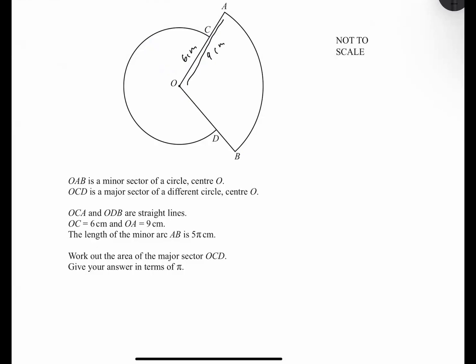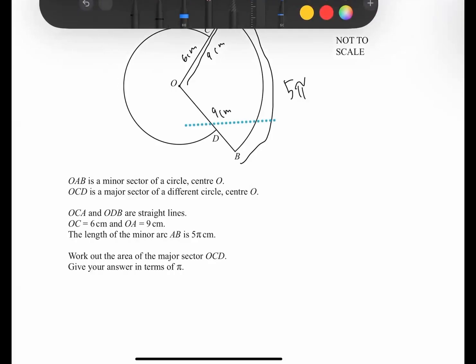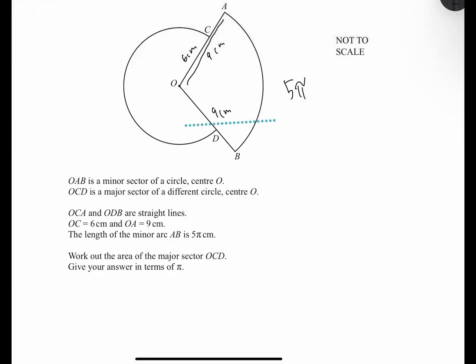Since OA is 9 cm, OB would also be 9 cm. And the length of the minor arc is equal to 5 pi. We need to find the area of the major sector, and we need to give our answer in terms of pi. Since it's a non-calculator paper, the examiner would never ask you to solve pi.